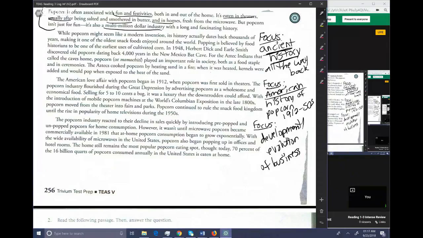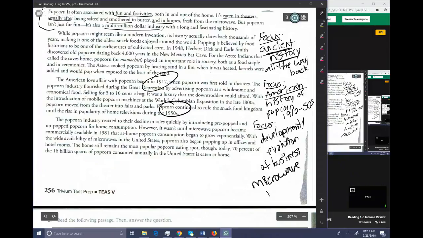And this is talking about the fact that when popcorn started to decline in sales after this period of time that we talked about, microwave popcorn was what saved the day. And so you might have said that your focus was microwave popcorn for this one. That would be a good focus to have.